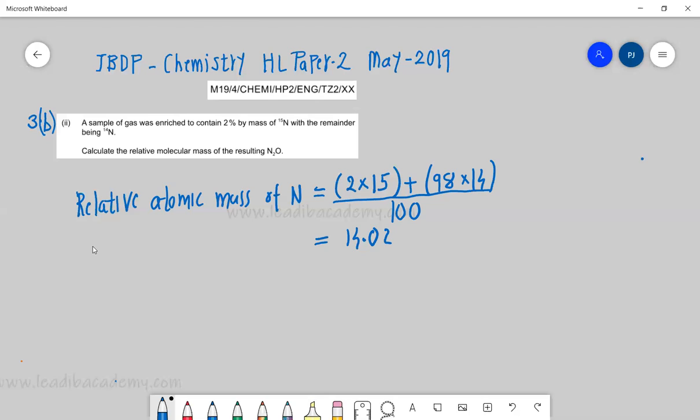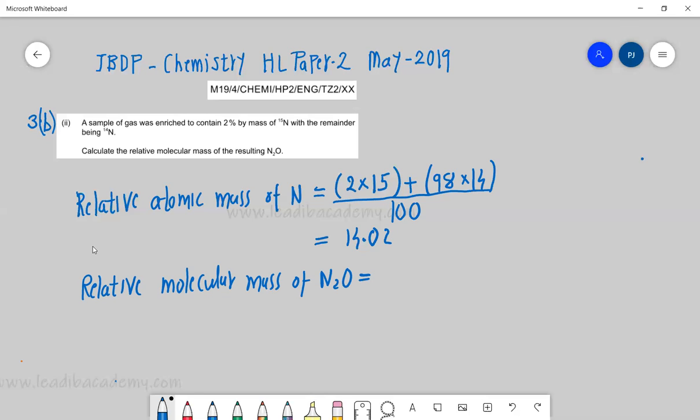Now they are asking us to calculate the relative molecular mass of the resulting N2O. Simple. So let's calculate. Same technique, relative molecular mass of N2O.